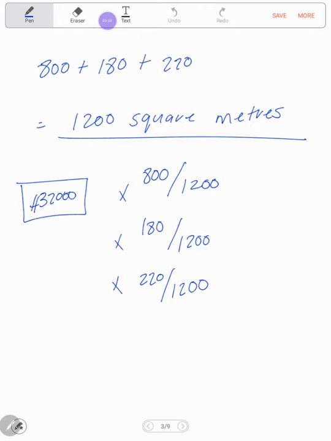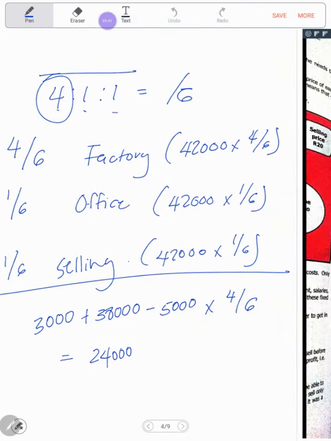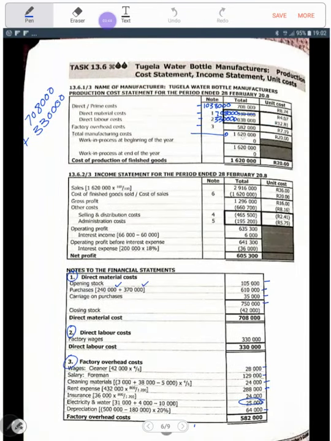Alright, then they told us that work in progress, there was no work in progress at the beginning of the year and there was no work in progress at the end of the year. So what do we do with our production cost statement? It will be 1,620,000.